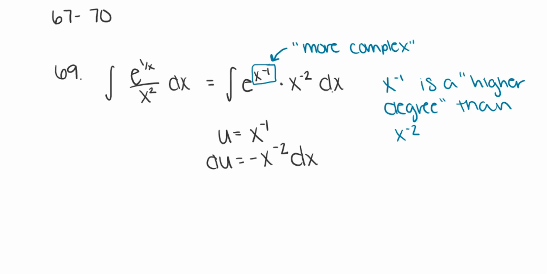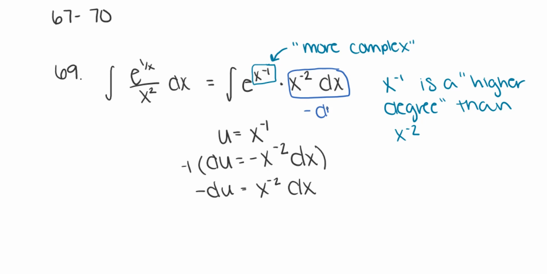We're missing that negative, so we can just multiply by it to add it back in, and so we get x to the negative 2 dx. Now this is equal to a negative du, and this is our u.